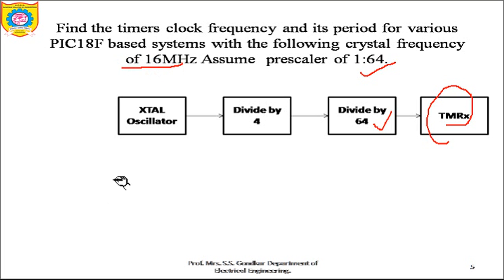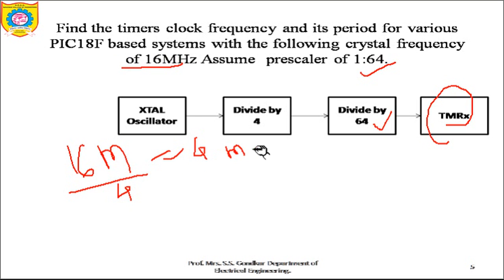So what is the crystal oscillator frequency? It is 16 megahertz. So 16 megahertz divided by 4 is equal to 4 megahertz. After you get this division as 4 megahertz, again you have to divide it by 64.